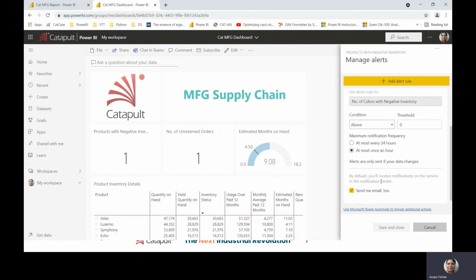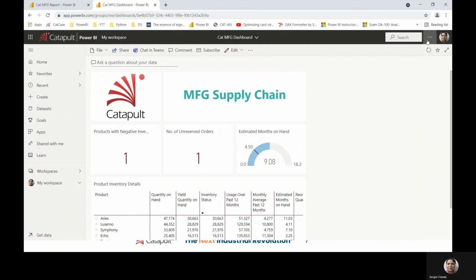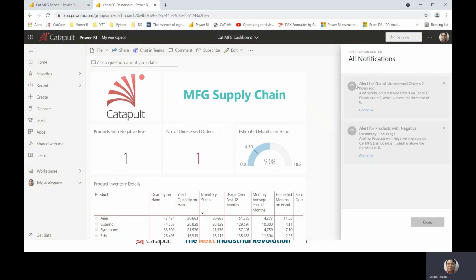And then you see here by default, you'll receive notifications on the service in the notification center. If you want an email sent as well, you click that box and an email will be sent. So again, showing the notification center, click on the ellipses in the Power BI service. There's the notifications here. You see here, alert for number of unreserved orders, alert for products with negative inventory.